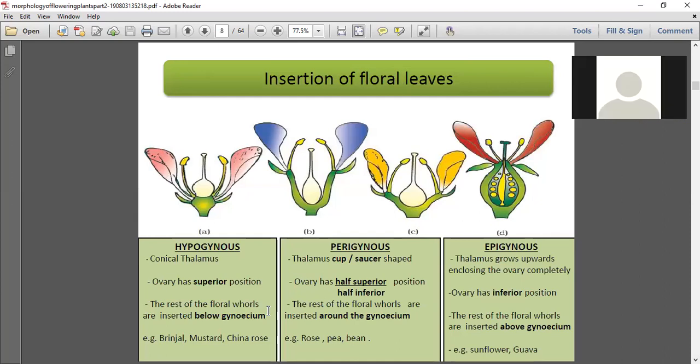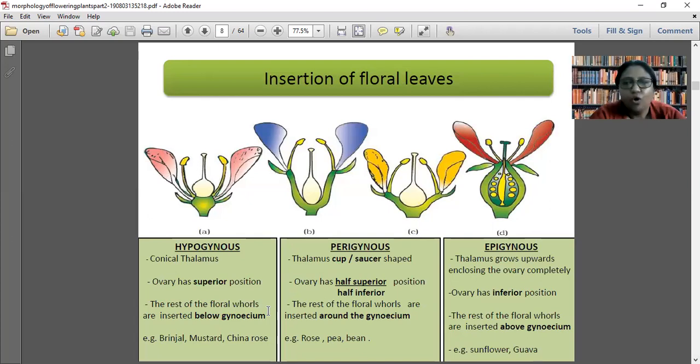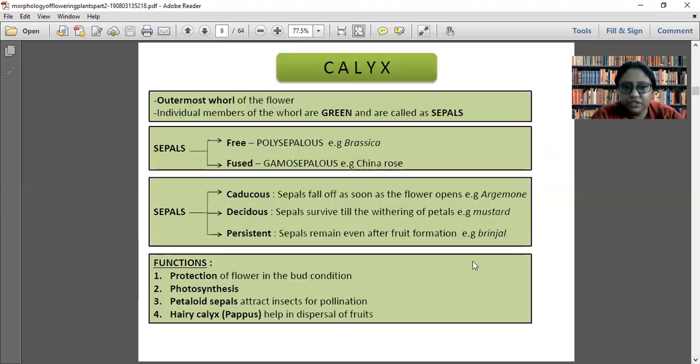Always remember one thing: if ovary is at the top and thalamus is at the down, that type of ovary is known as superior ovary. And if ovary is at down and thalamus is on top, we call it inferior ovary. And if they are side by side, we will call it half superior or half inferior position.